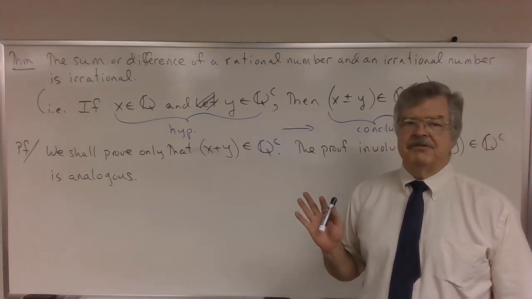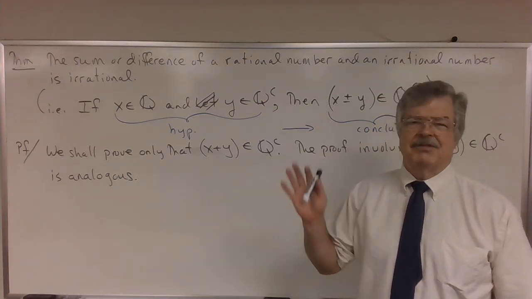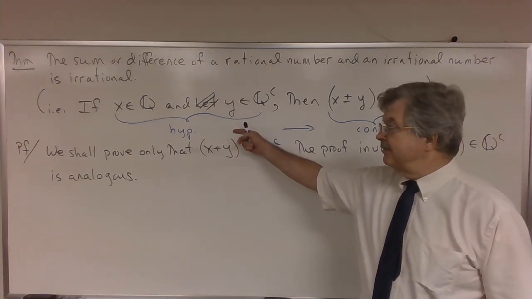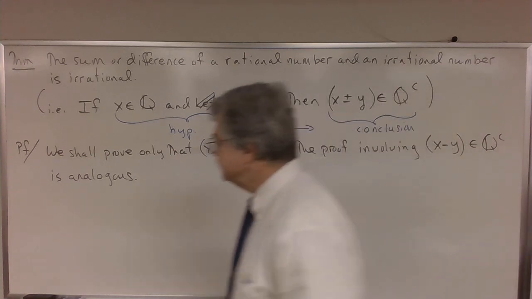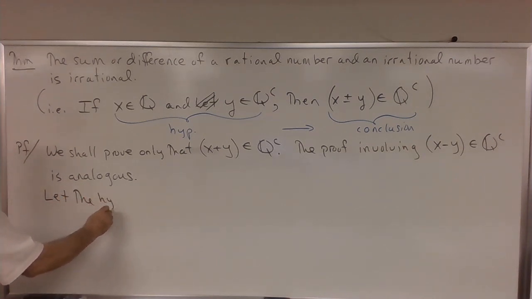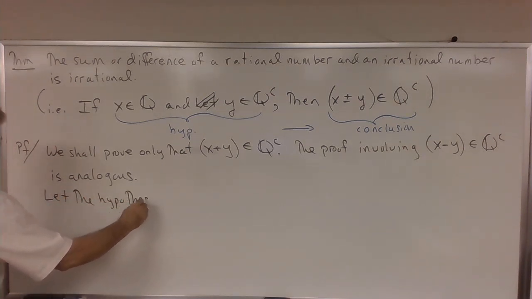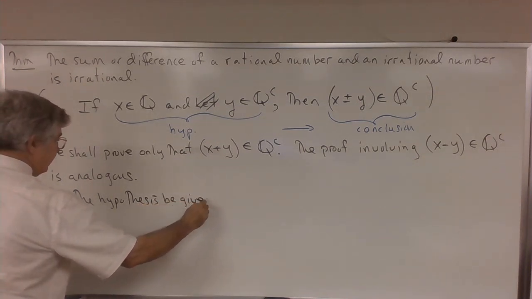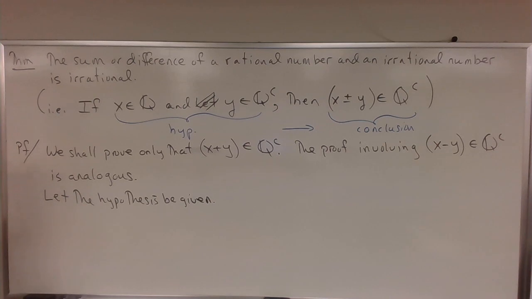Just to give myself some momentum and to get the proof started, I'm going to let the hypothesis be given. And just so that I know exactly what it is that I'm assuming, I'm going to write out the hypothesis.